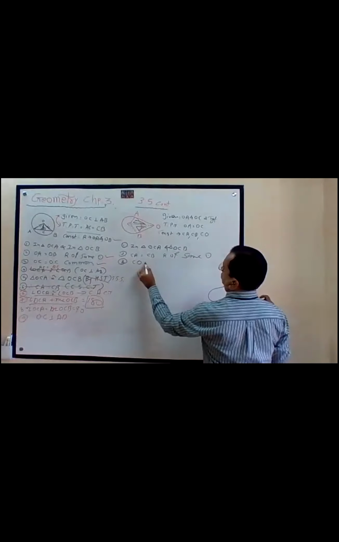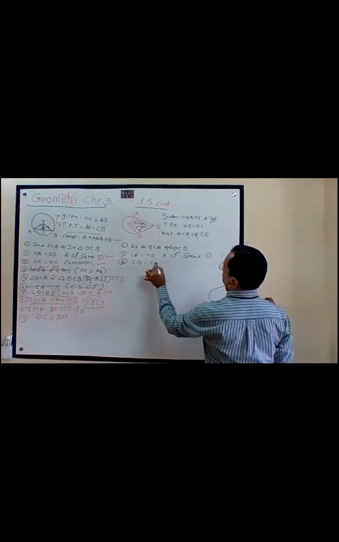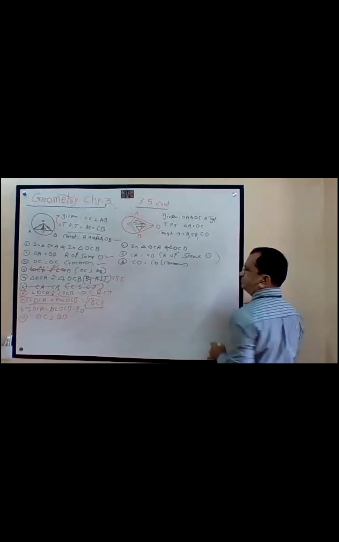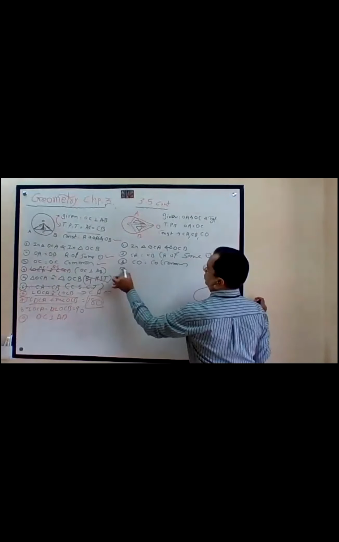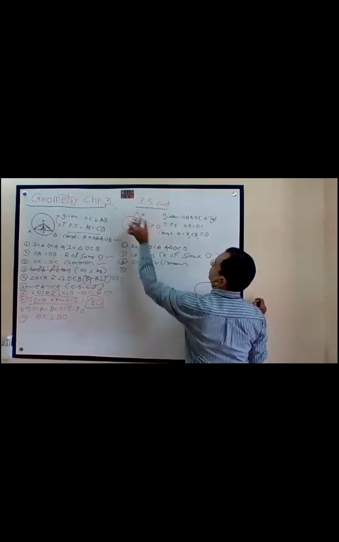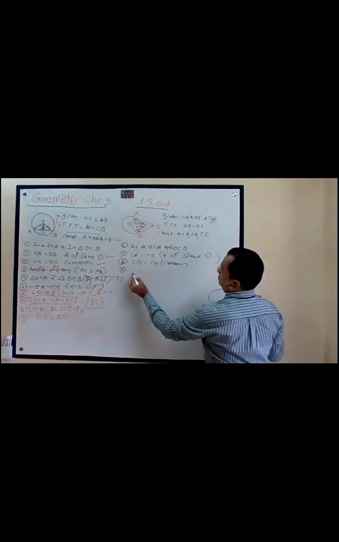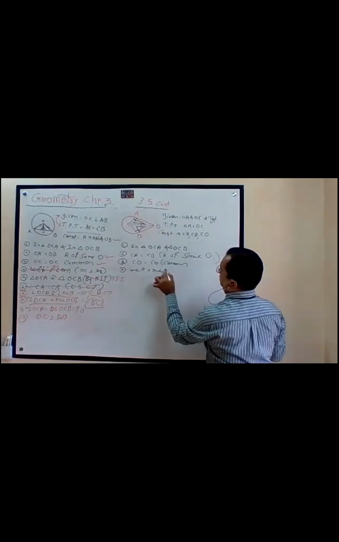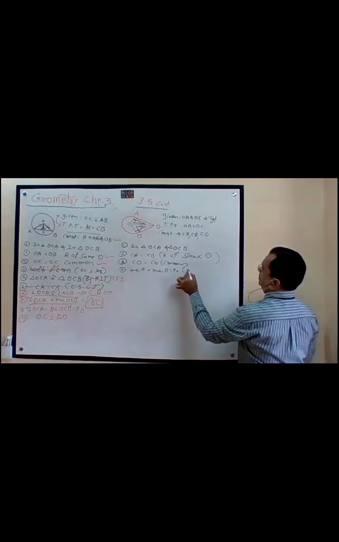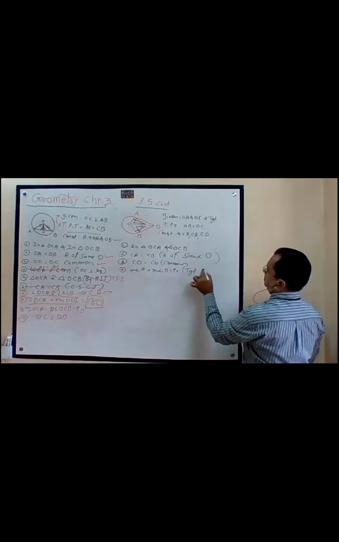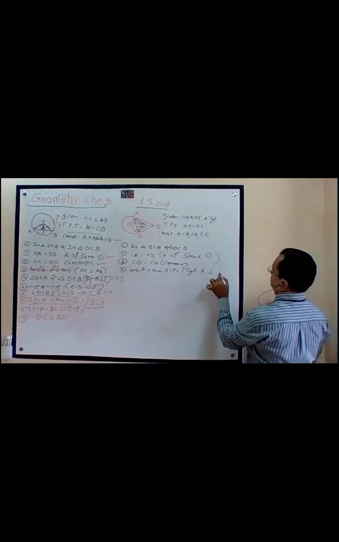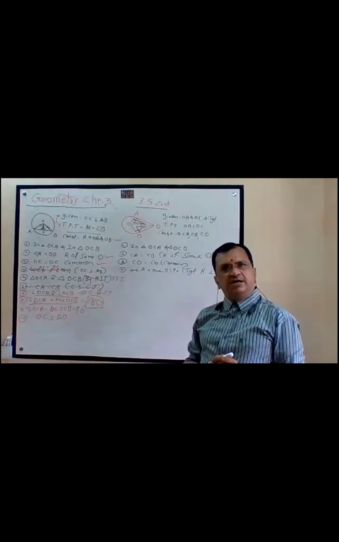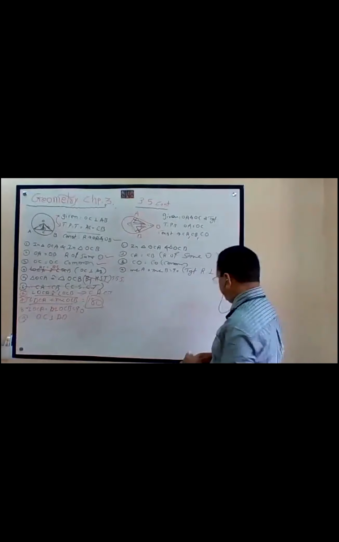Third, CO is equal to CO, common. Fourth, the tangent and radius are always at 90, so measure of angle A is equal to measure of angle B is equal to 90, by the tangent radius perpendicular theorem.